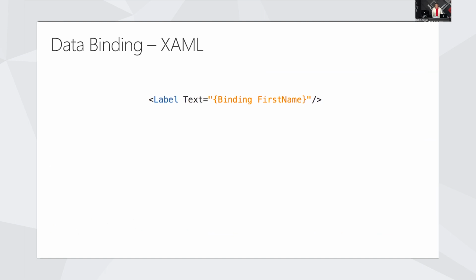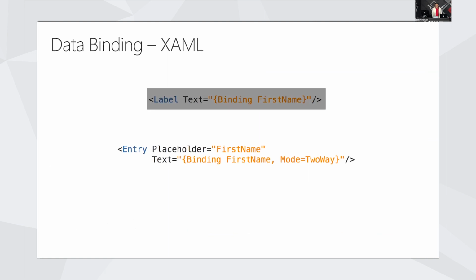So I mentioned default binding modes. Each control property has a default binding mode, and this is one of many places now where Microsoft documentation is really good. It'll tell you what all the defaults are, and in general, it'll default to the right thing.